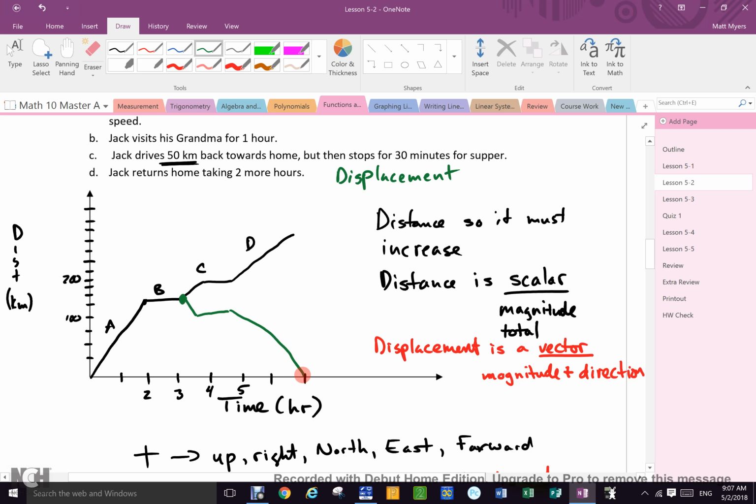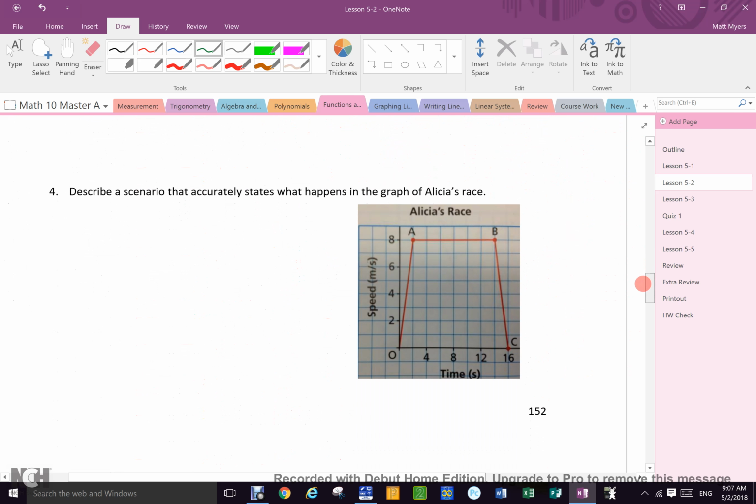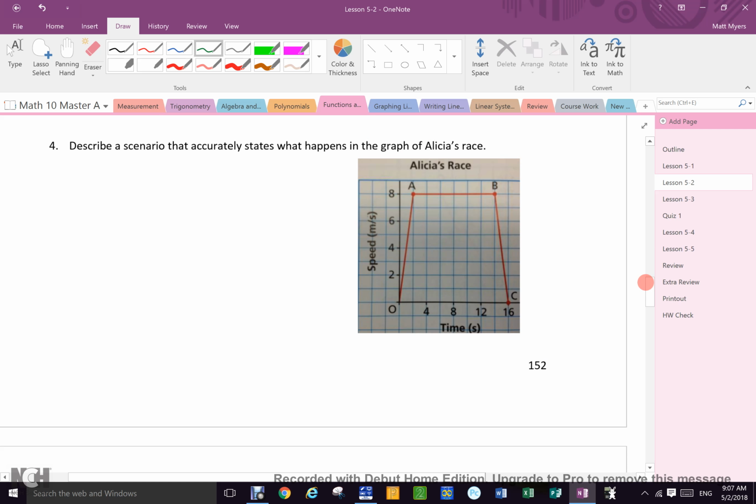Everybody understand? I can tell by how many people are talking to each other that they get it. So, look at number 4. It is slightly different. Look at it carefully when you try to describe this to me. Go.